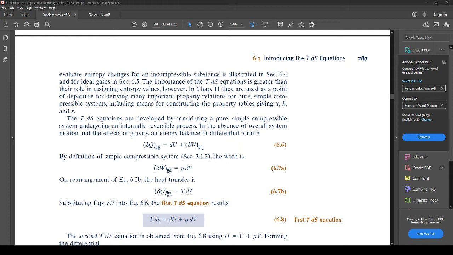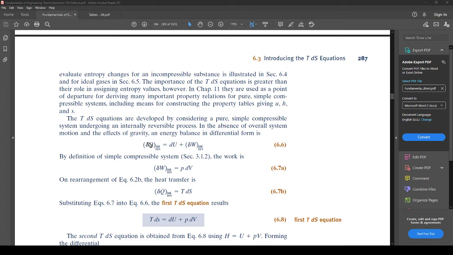It says the TdS equations are developed by considering a pure, simple compressible system undergoing an internally reversible process. In the absence of overall system motion and the effects of gravity, an energy balance in differential form is the following. So we have delta Q of an internally reversible process is equal to dU plus, I can't remember what delta stands for in math.